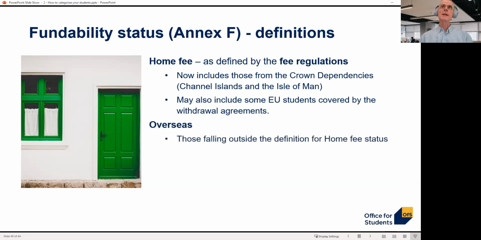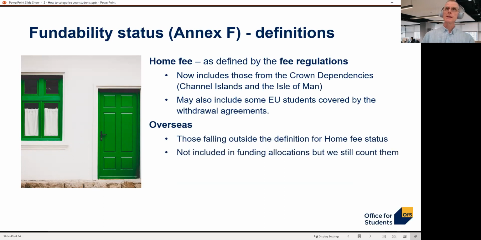And although we don't fund overseas students, they are included in HESES, so that we still need to count them. Again, as I keep saying, Annex F is a place to look here, and the fee regulations it refers you to.